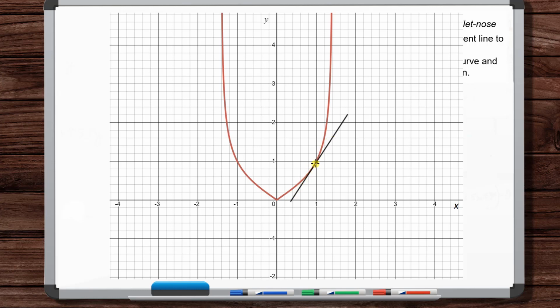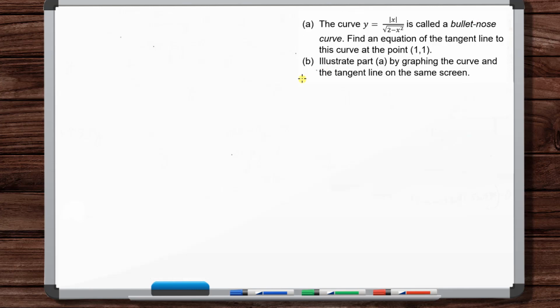The slope of the tangent line to this curve, we can find in general using the derivative for any x. Then we just plug in x equals 1. We get the slope, then we'll have a point and a slope. We can find the equation of the tangent line, and once we have that equation, I'll input that into Desmos as well, and that will be part B. So we have a point for the tangent line.